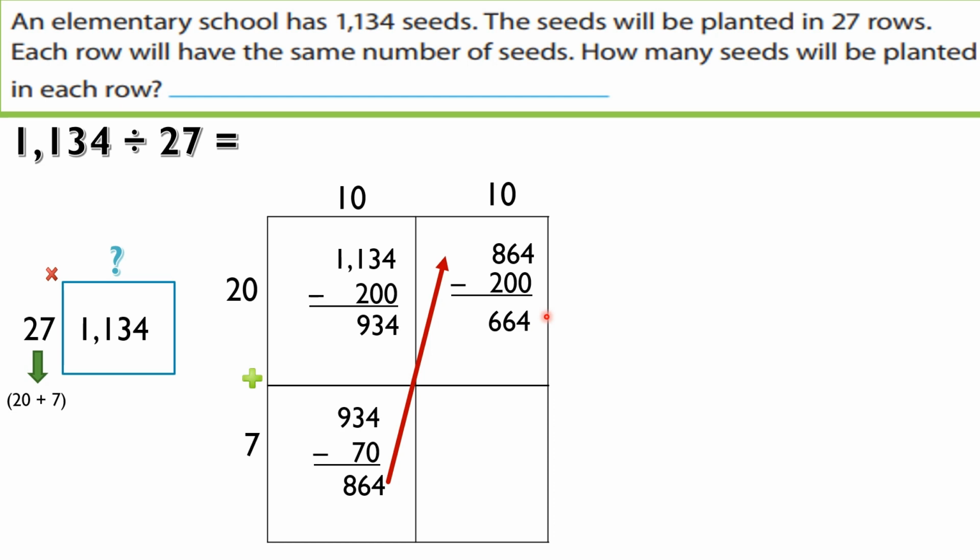Now I know that 664 is my new number, so I'm going to take it down here so I can work with the 7 and the 10. So 7 times 10 equals 70. 664 minus 70 equals 594. So this is my new number, and from this I realize that I can still get some groups of 20 and 7 from this. So what should be my next step?